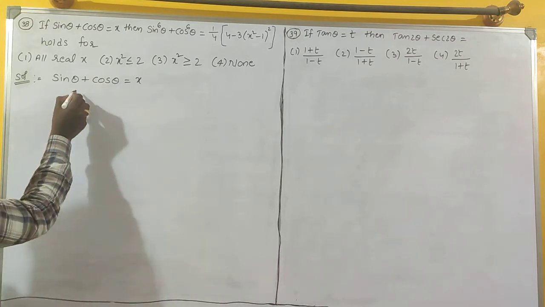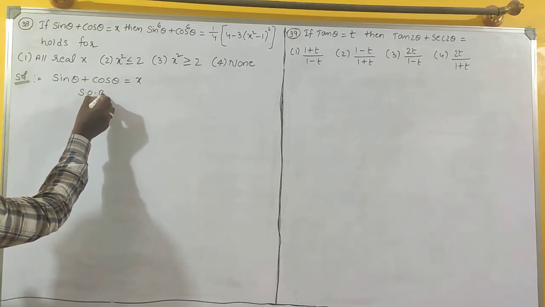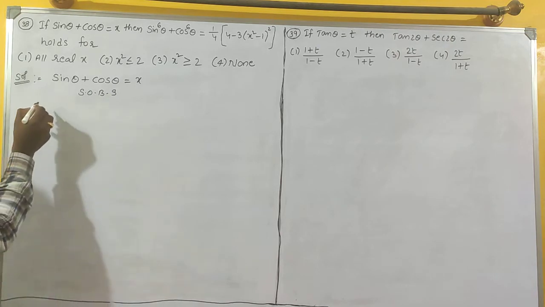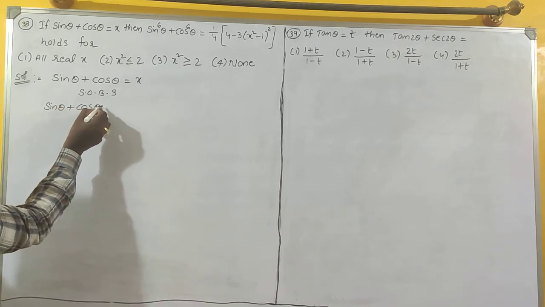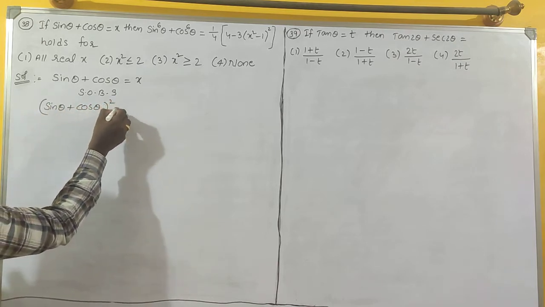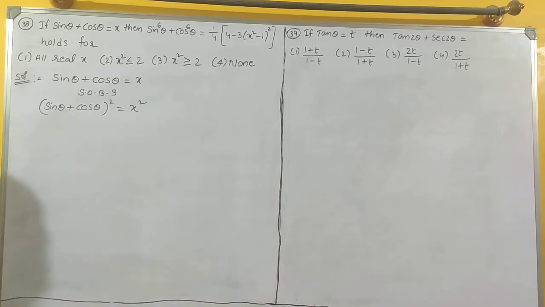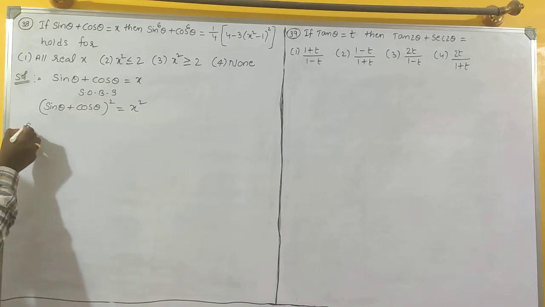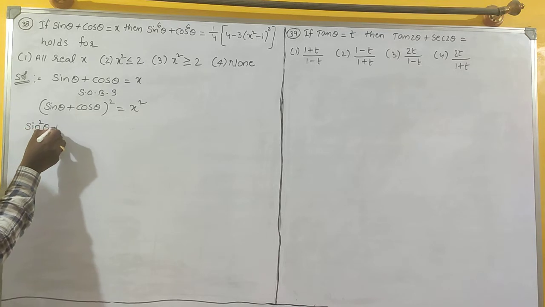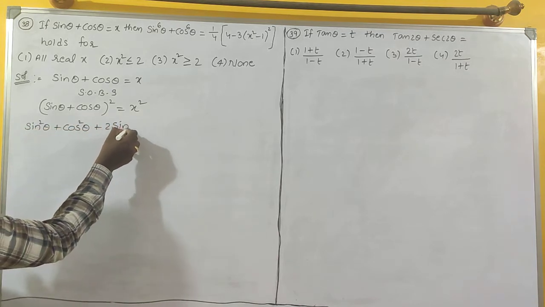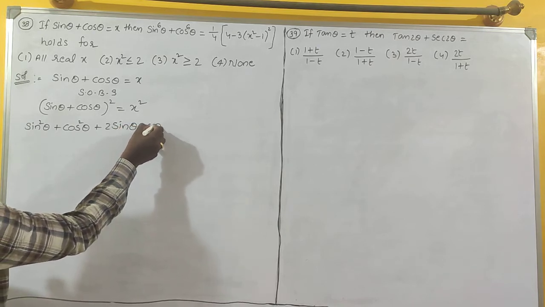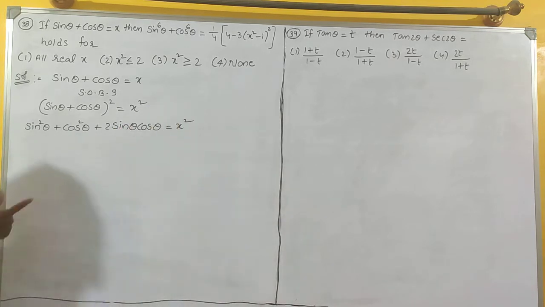Now squaring on both sides, sin theta plus cos theta whole square is equal to x square. It is in the form of a plus b whole square, which can be written as a square plus b square plus 2ab, equal to x square. We know the value of sin square theta plus cos square theta is 1.